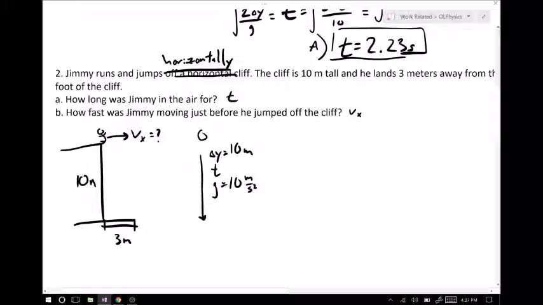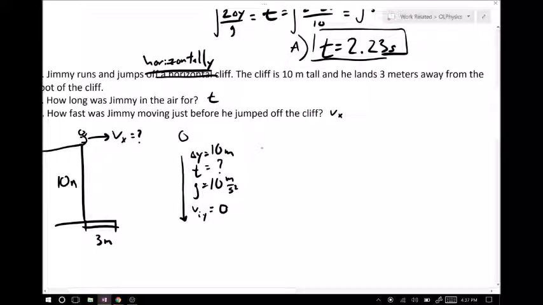And then we also know our initial velocity in the y direction, which is 0. So we're just going to be using the exact same equation we did from the previous problem. This time I'm not going to write in that first portion because we already know that v_iy times time is just going to be 0. So it's just 1/2 a t squared. But this time we are looking for time.